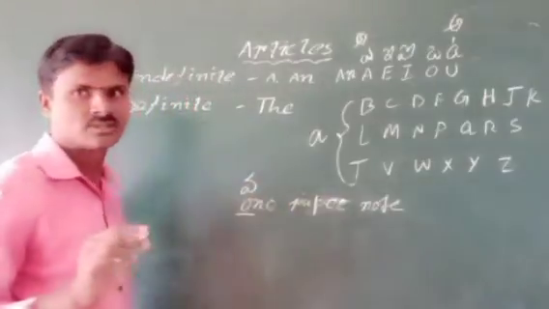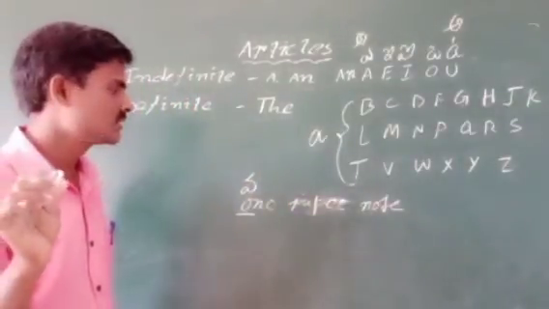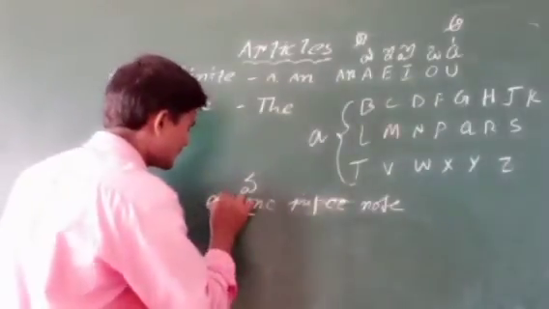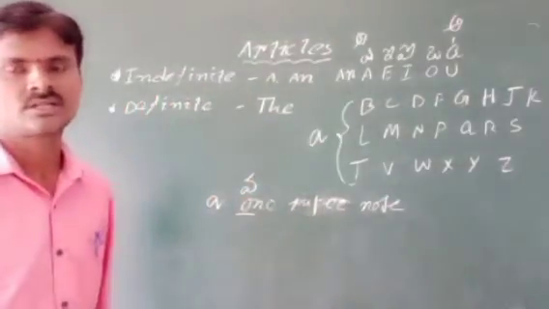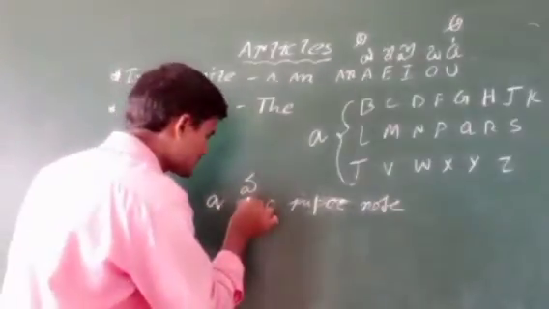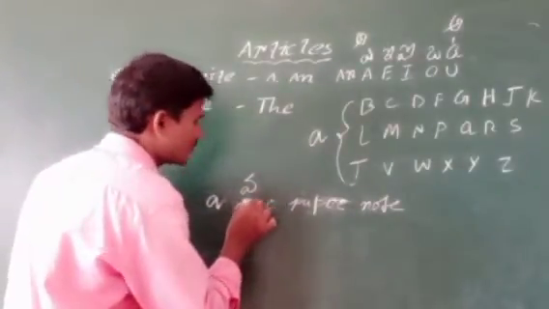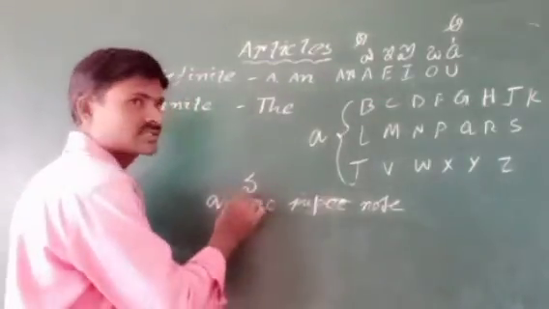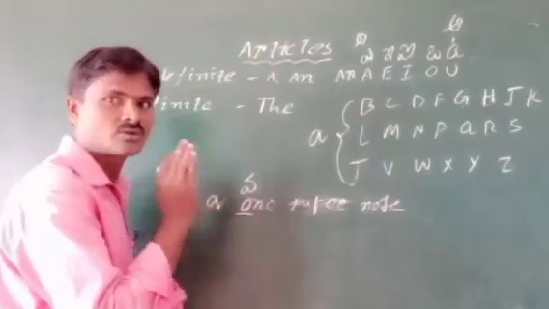So you use a one rupee note, not an one rupee note, because you are not pronouncing this as O. This is the O letter, but you are pronouncing wa.